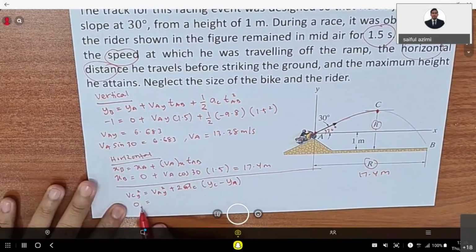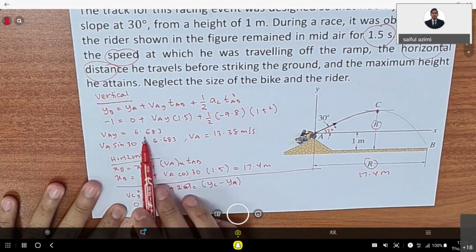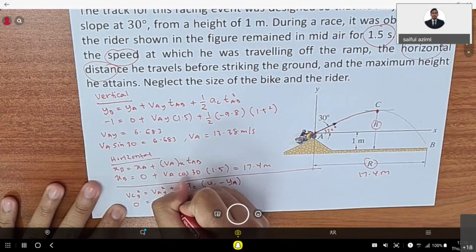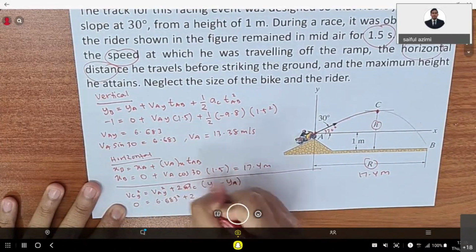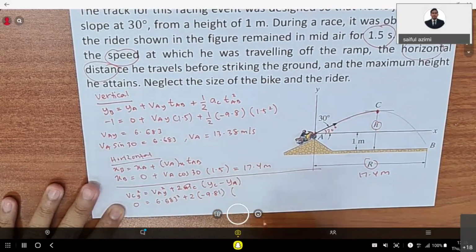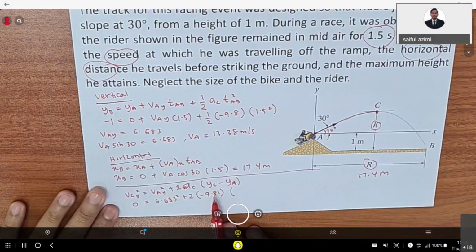All right, so at point A, we have already VAY equals this one, 6.683 squared plus 2 times negative 9.81 times YC. What is YC?